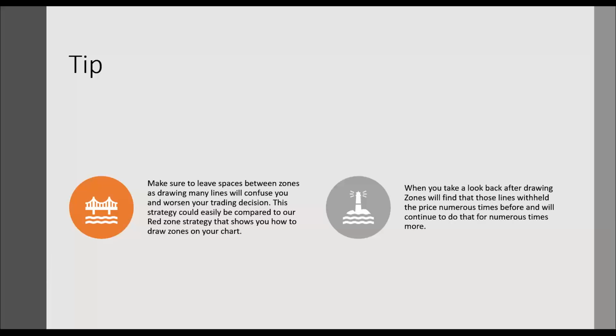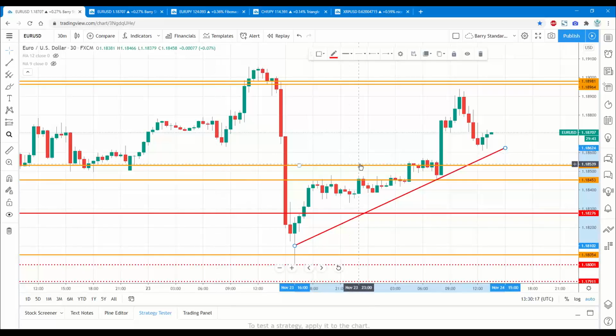So when you draw your zone, you could say this is a zone and color it in. Let me get my marker on here. This is where we drew the two lines earlier on the support and resistance zone, and we could call this a zone.